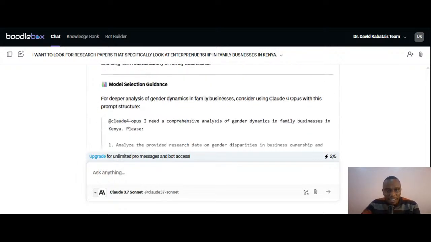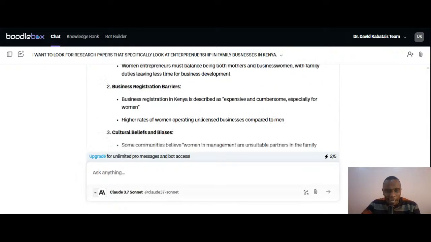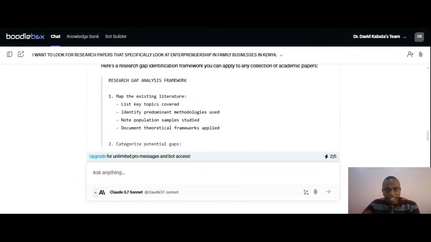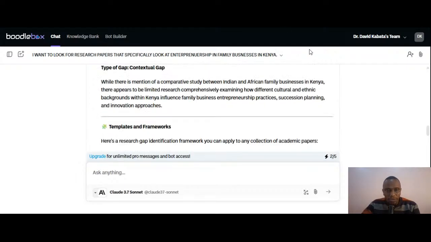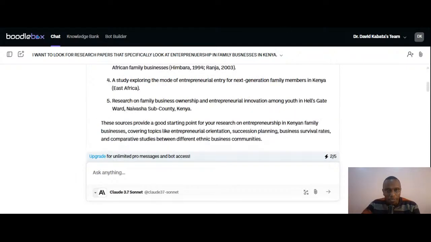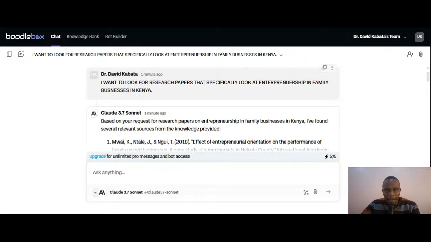So all this will help me now to develop a research gap that can be convincing enough to those people, especially if I want to develop a paper on entrepreneurship in family business, looking at the gender issues in family business.